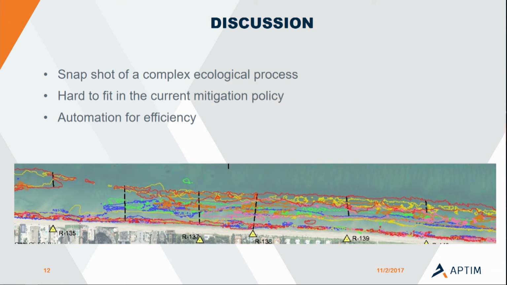While we were happy with our model results, it's hard to fit those model results into the current mitigation policy. How do you determine different types of temporary impact and the cost of them? Right now we have 2 types, and they have different values to them.